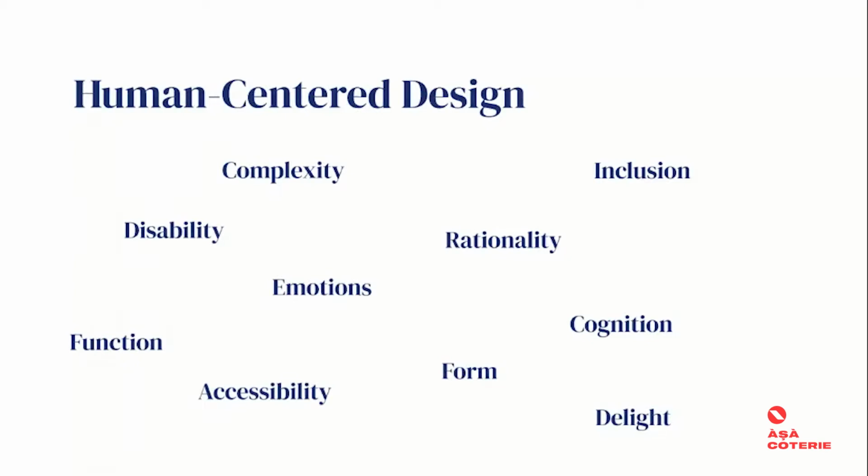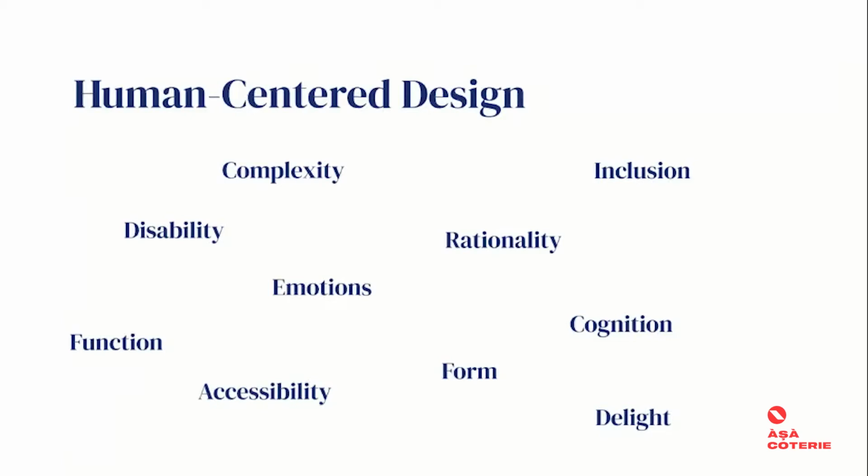But if we talk about human-centered design, we have to really talk about the human being. Who is the human being? There are a lot of things that make up a human being: complexity, emotions, inclusion, rationality, form, cognition, accessibility, function, delight.